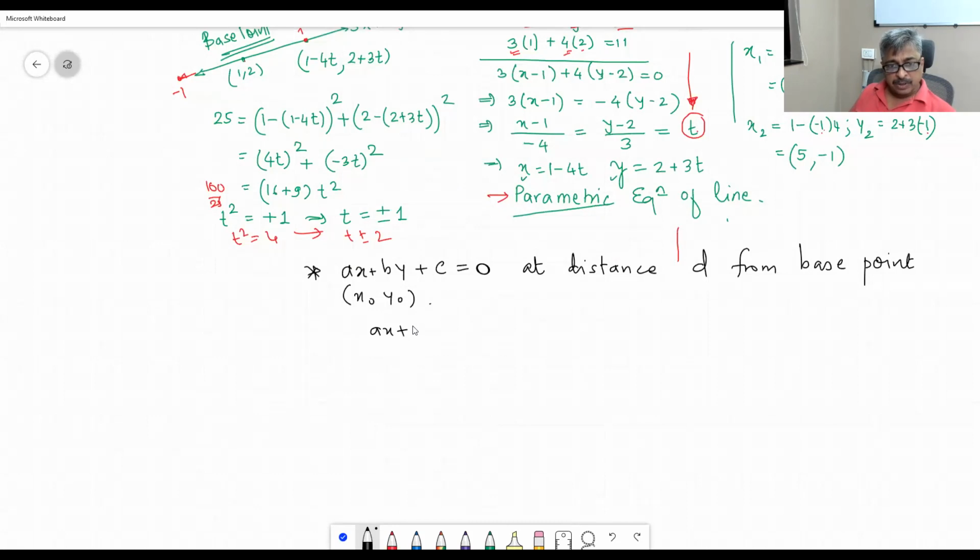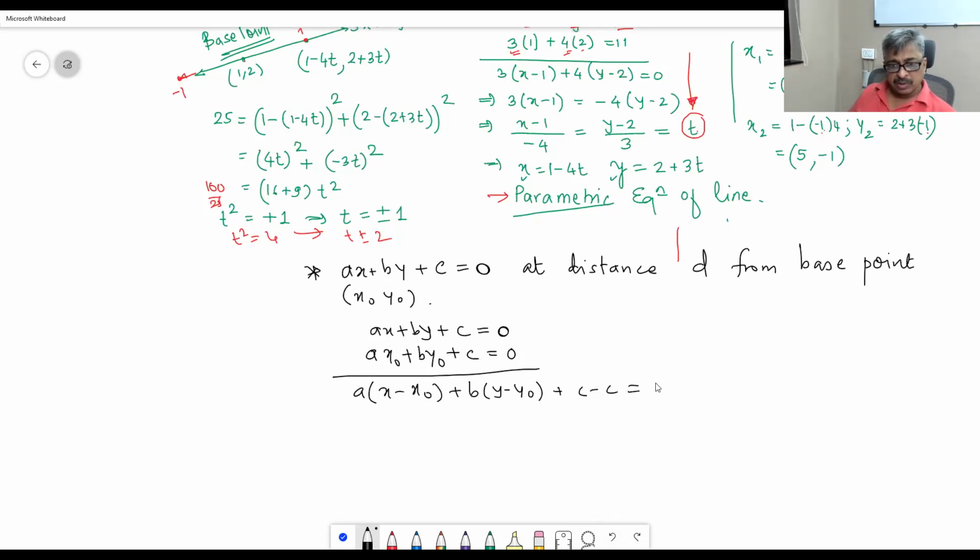ax plus by plus c is equal to 0. This point belongs to this line, therefore a x naught plus b y naught plus c is equal to 0. Subtracting, we get a into (x minus x naught) plus b into (y minus y naught) plus c minus c is equal to 0.